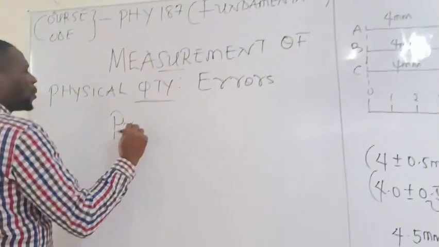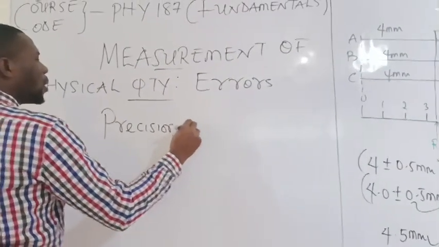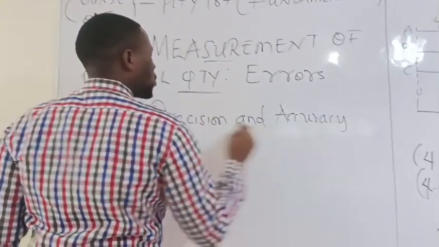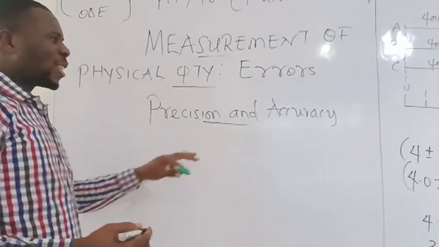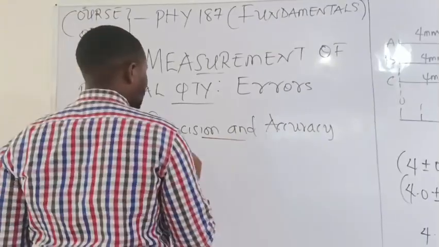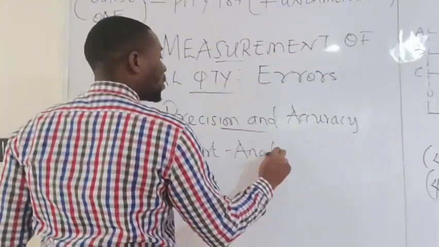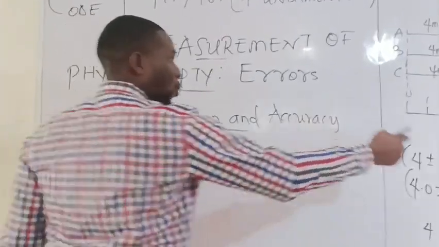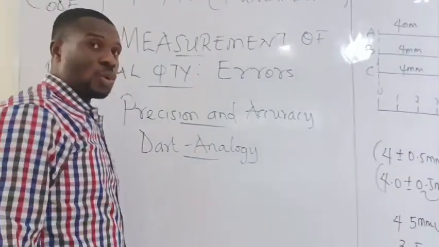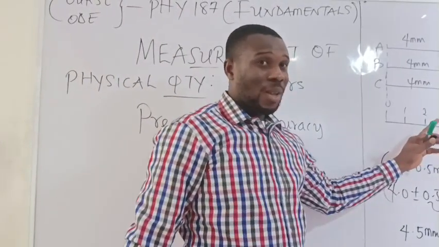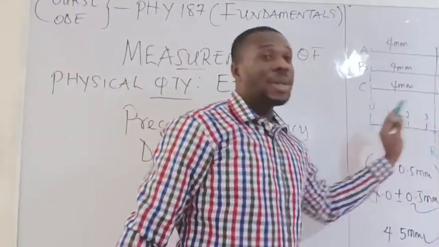Now, to explain this, I would use what I call the dart analogy. Just like we have a scale here, and of course we know what the actual value or the true value is, but we could report our measured value within the range of errors.